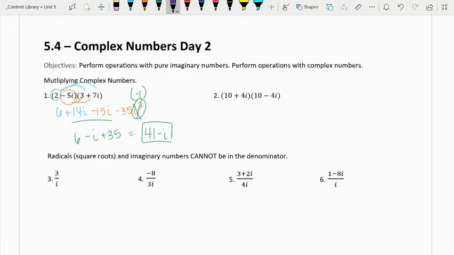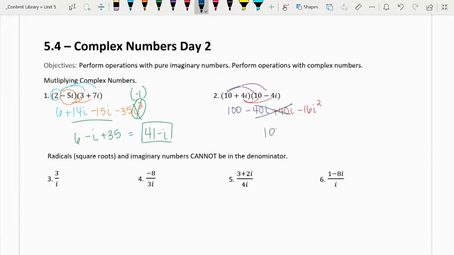On the next one, similar question, we're going to distribute the 10. So 10 times 10, 100. 10 times negative 4i is negative 40i. Then we multiply and distribute the 4i. So we would get a positive 40i. And then 4i times negative 4i gives me a negative 16 i squared. So if you notice, the middle two cancel.